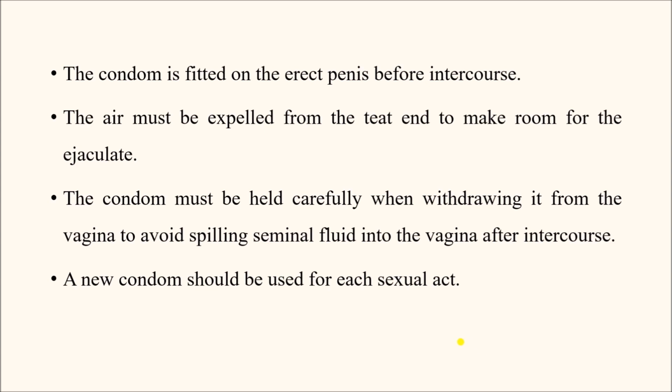So while taking out the penis, the male partner should also hold the condom along with the penis and take it out of the vaginal cavity very carefully. A new condom should always be used during every sexual act. This is not a reusable thing, we have to remember that.